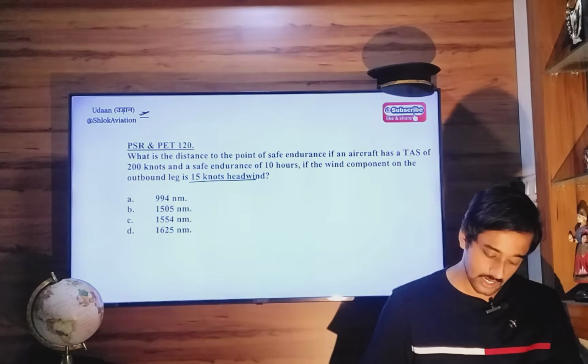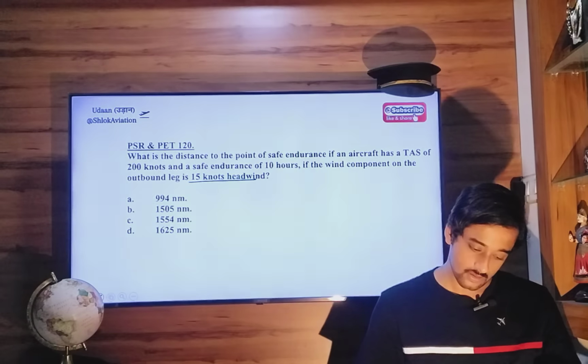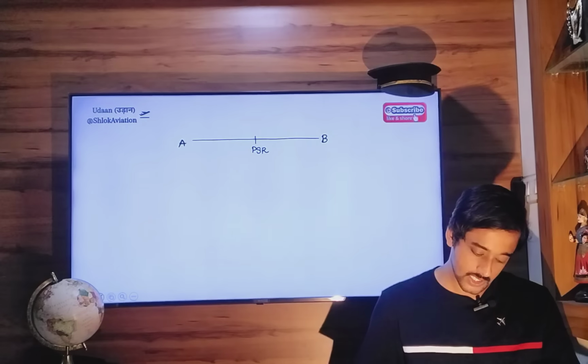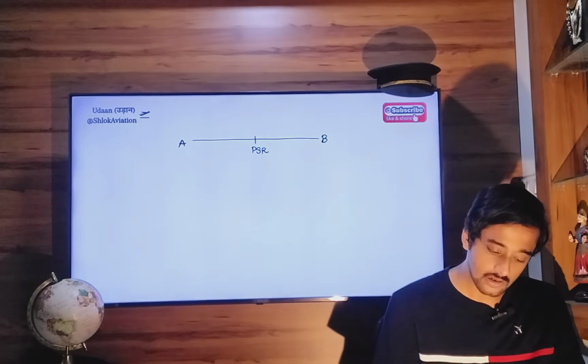So A, B, this is your point of safe return. 15 knots headwind on the outbound leg.